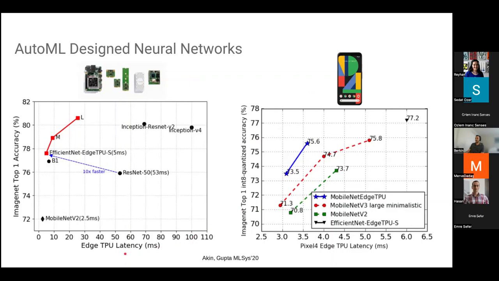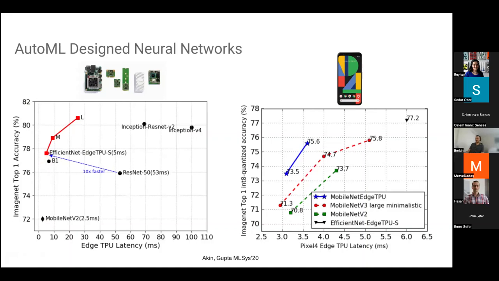So here we are demonstrating accuracy versus latency. Towards the left and top is better, so we want to be low latency, high accuracy. Here, black dots are the existing popular neural networks, and the red one is the one that we designed using AutoML.